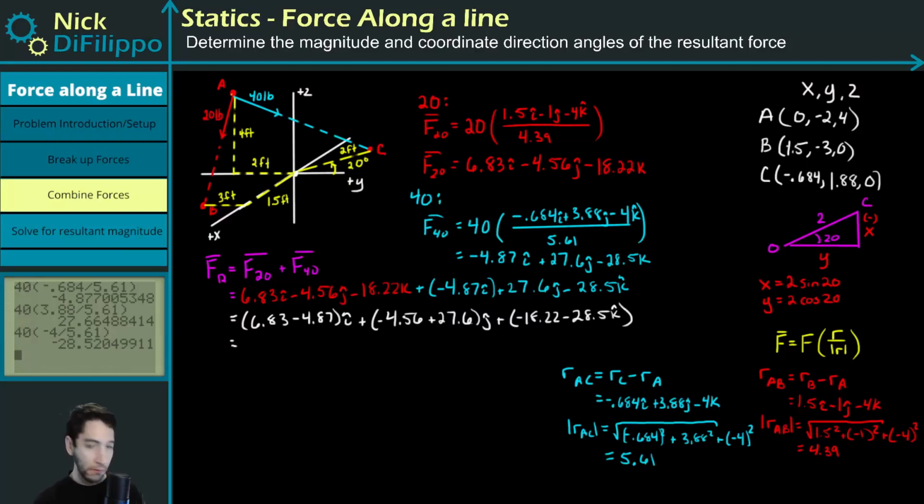So this is going to be 6.83 minus 4.87, 1.96, minus 4.56 plus 27.6, 23.04, minus 18.22 minus 28.5, minus 46.72. Okay, so 1.96i.